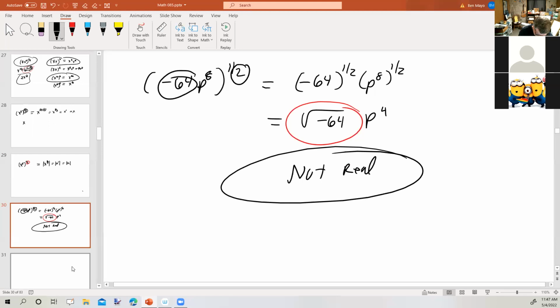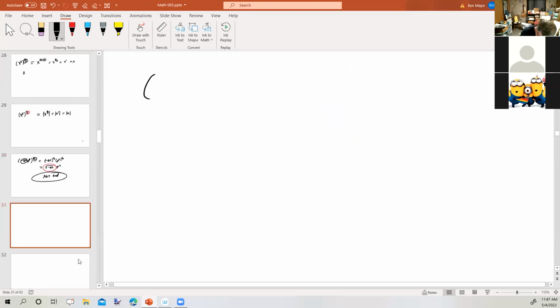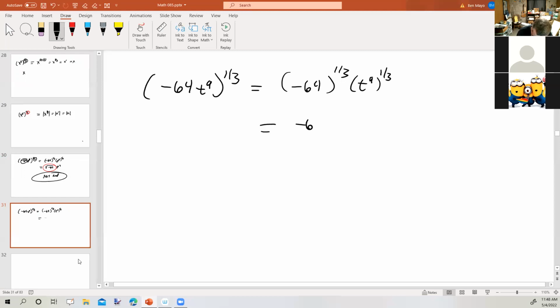Now, let's take a look at this example. -64 t to the 9th power, all to the 1/3 power. So this is -64 to the 1/3 power, t to the 9th to the 1/3 power, which is -64 to the 1/3 power, t to the 9 times 1/3 would be 9/3 or 3. Can I take the cube root of a negative number? Yes, I can.